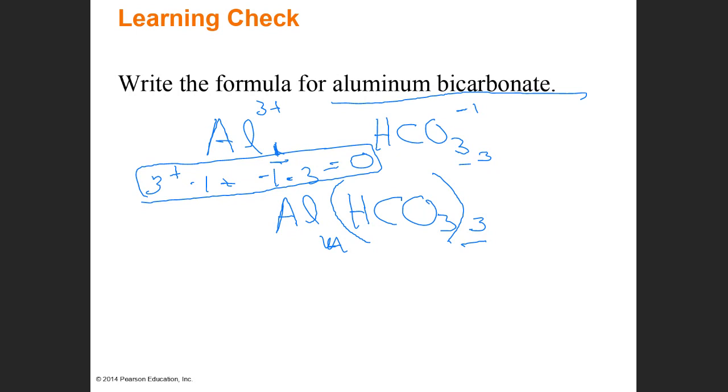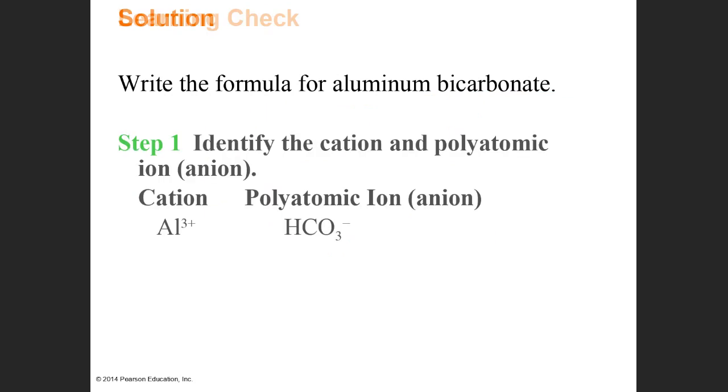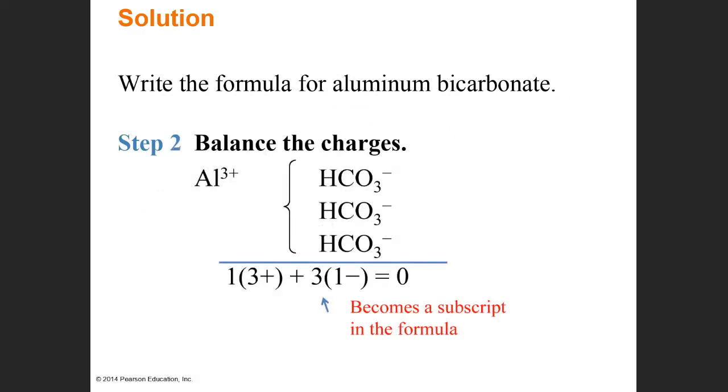So if you look here, there's our positive ion, there's our negative ion. The positive ion is 3 plus. The negative ion is 1 minus. So we need 3 of these combined with the aluminum to add up to 0.